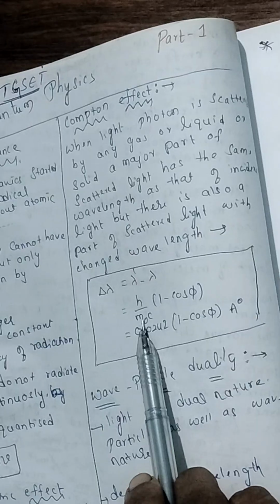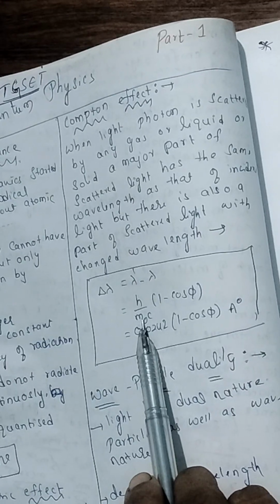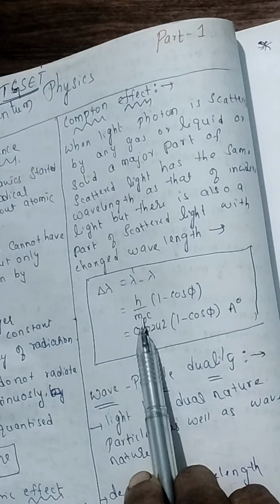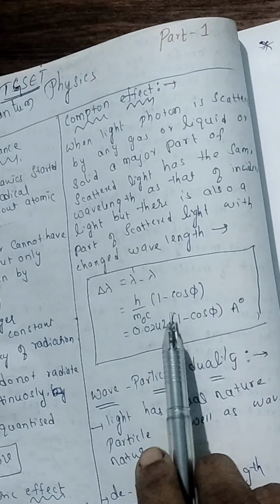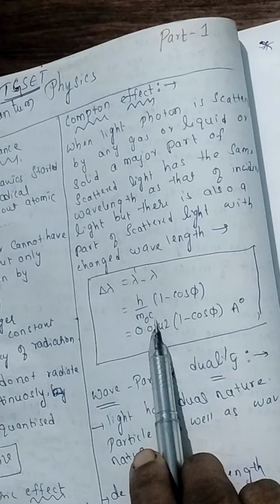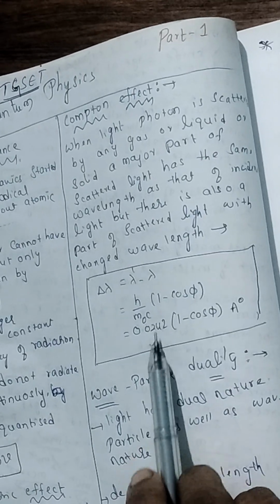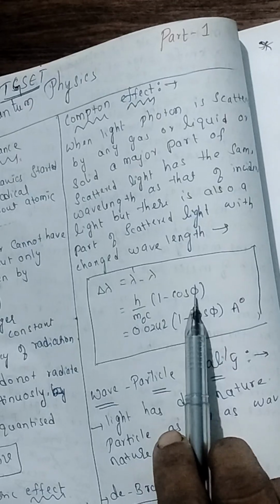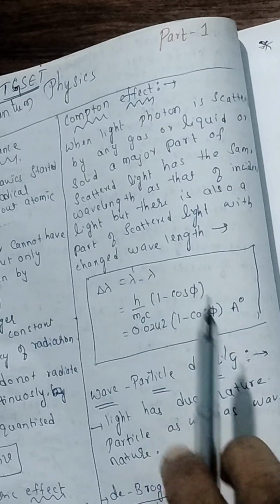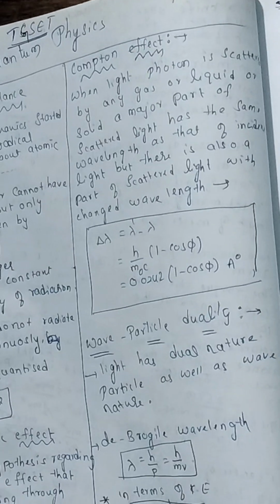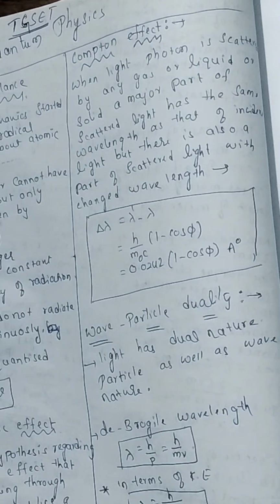M naught is the rest mass of the electron, which is 9.11 into 10 to the power of minus 31 kg. C is the speed of light, 3 into 10 to the power of 8 meters per second. And phi is the scattering angle of the photon. Right?